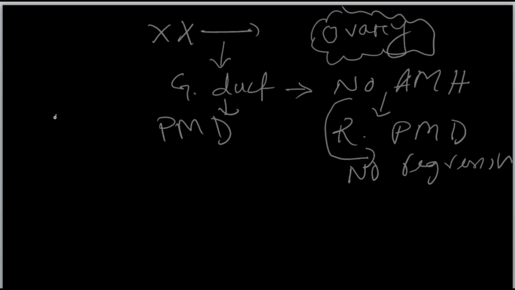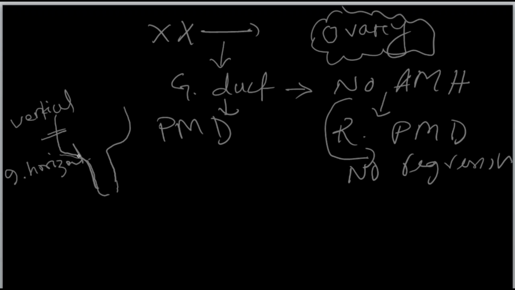It lies parallel and lateral to the mesonephric duct. It has three parts: upper vertical, intermediate horizontal, and lower vertical.